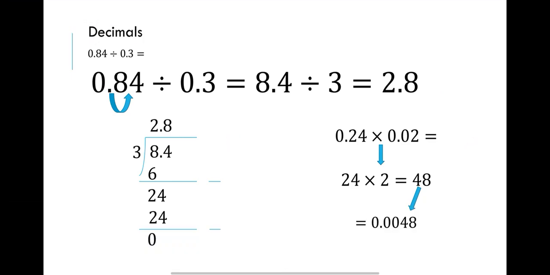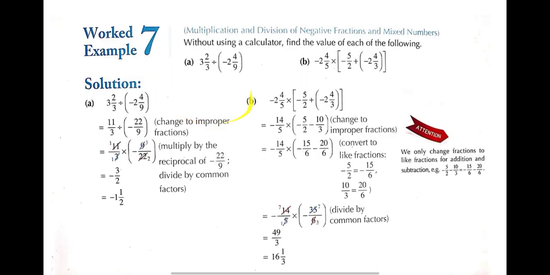But you can make it easier by moving the dot here to the right side once. The way you do it, you have to move both, so they move together. So it will become 8.4 divided by 3. The reason you do this is so that it will be divided by a whole number instead of decimal numbers like this.